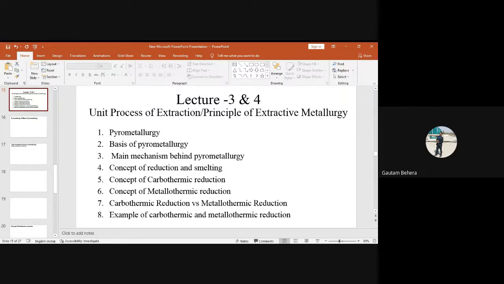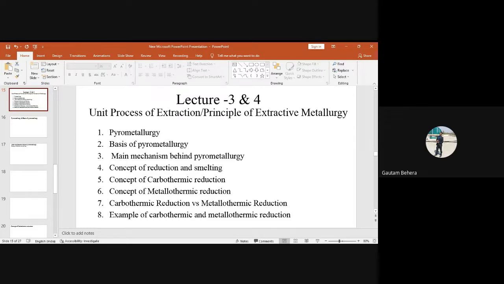So the molten metallic part is basically your metal. People sometimes call it hot metal, and the molten non-metallic part is called slag, right? So the slag contains all the unreduced material, all the unreduced elements, and the metallic part contains all the reduced substances, right?